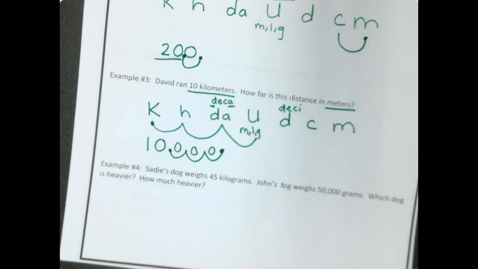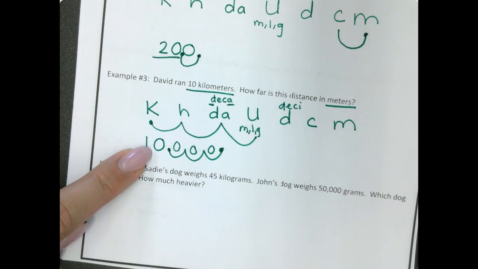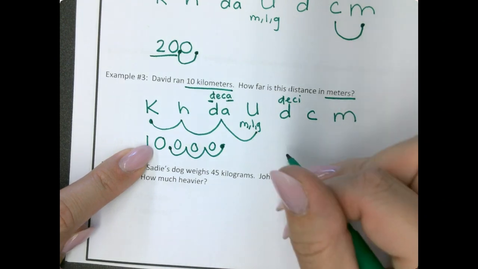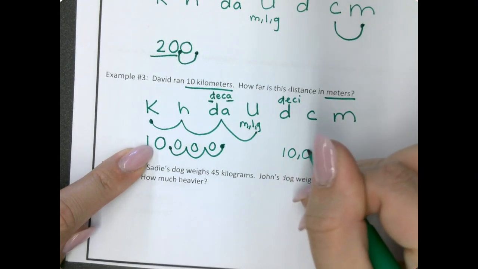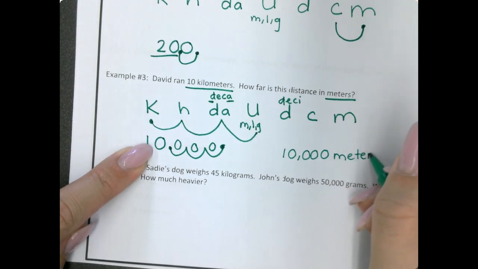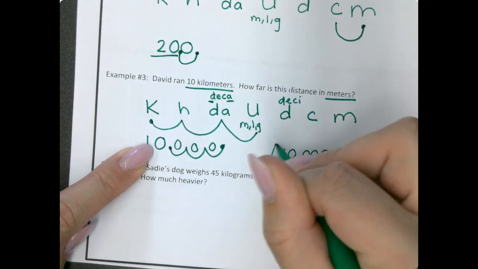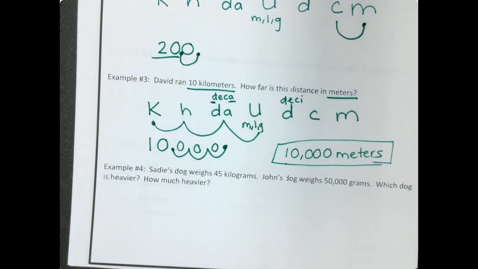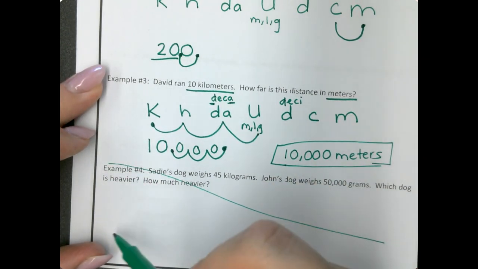Okay, that's why we did that. So we can say it's 10,000 meters. Okay, we can cross off number 4.